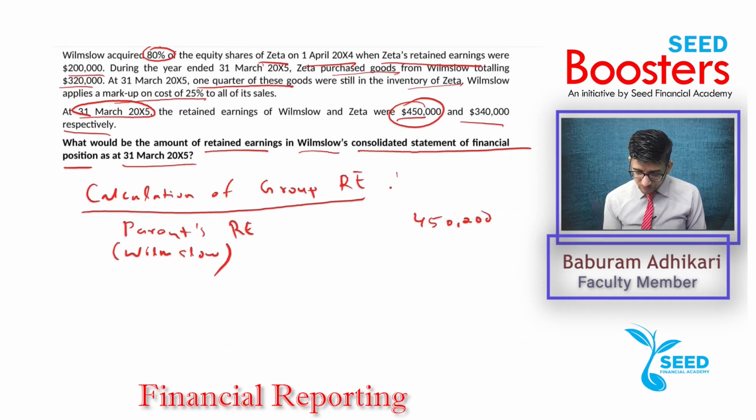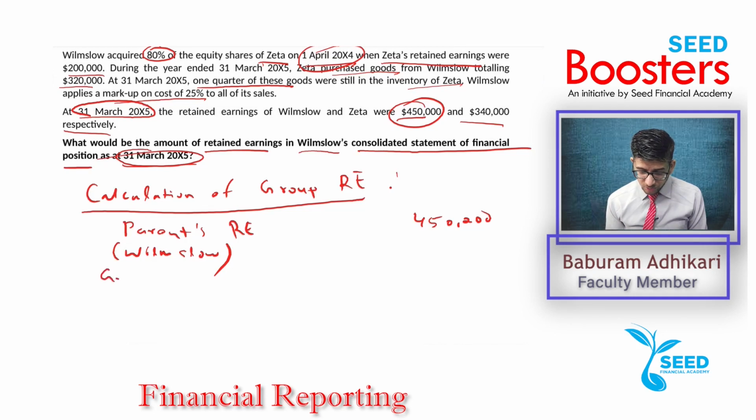Then, during the period from 1 April 2004 to 31st March 2005, the subsidiary has some earnings. The share of those earnings is taken by the group and shown under group RE.